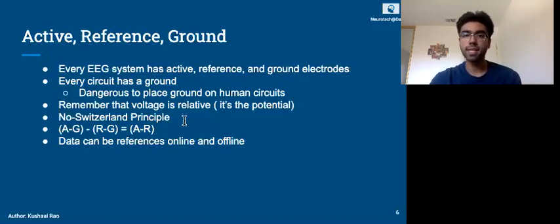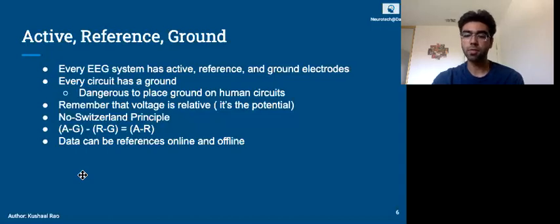So the idea between an active, reference, and ground electrode is that voltage needs to be measured between two electrodes. As I said earlier, voltage is always relative. It's the potential for a current to flow between two electrodes. So in this case, the only way to measure the potential energy is involving the ground electrode.